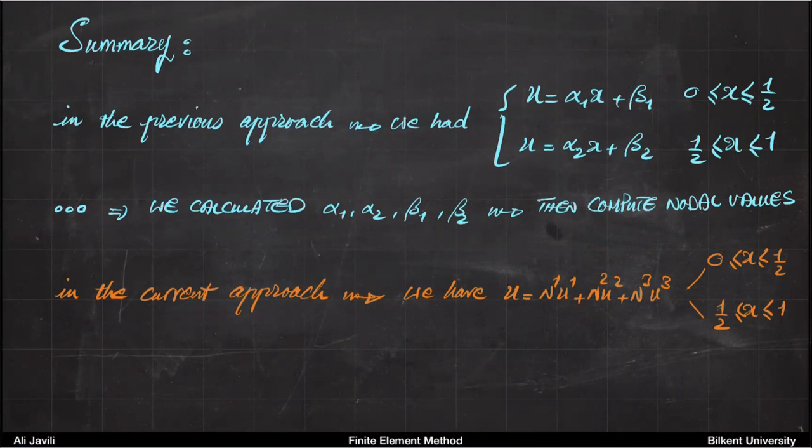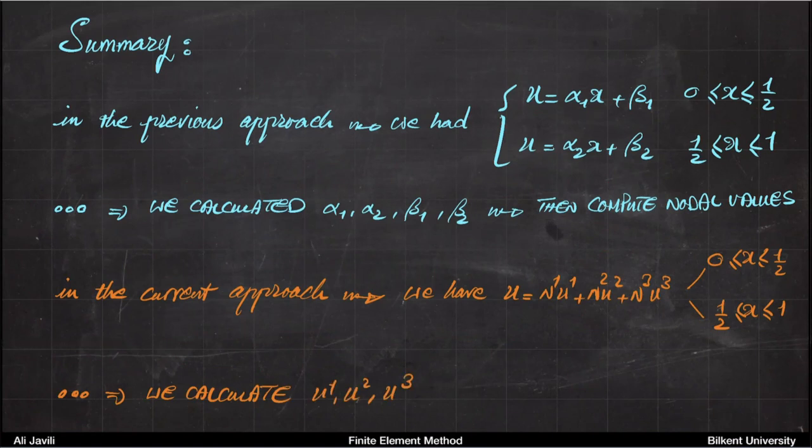Okay, and now when you do this, after calculations, what you get is simply the values. So here you calculate U1, U2, and U3.